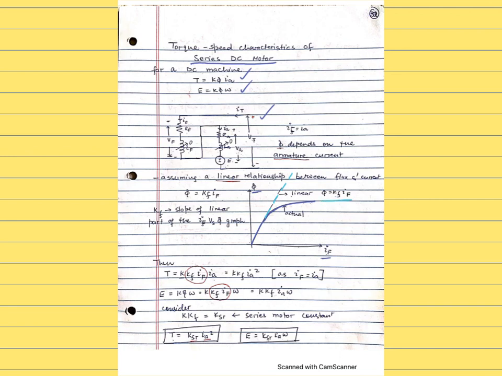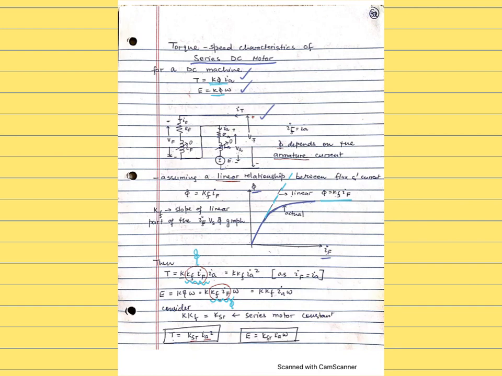KF there is going to be the slope of the linear part of the graph. In both these equations, we're going to substitute phi equals KF times IF. So this is substituted in place of phi, and this is substituted in place of phi as well.